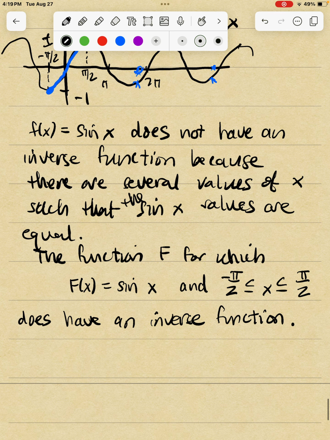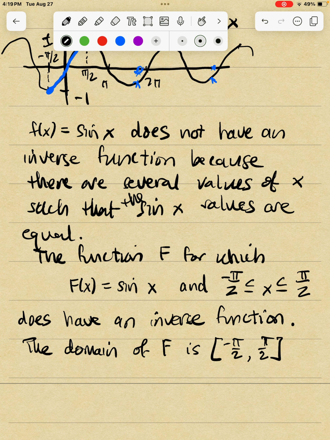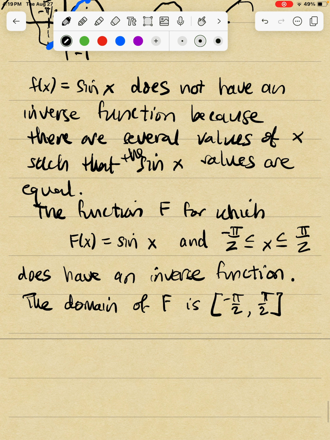The domain of f is the closed interval from negative pi over 2 to pi over 2, and its range is the closed interval from -1 to 1.